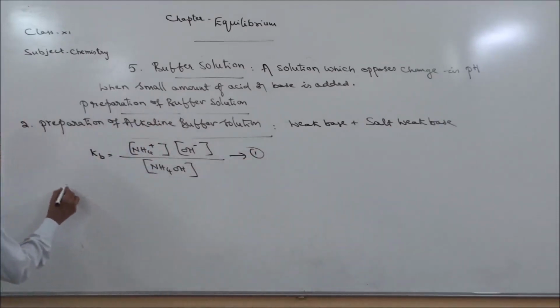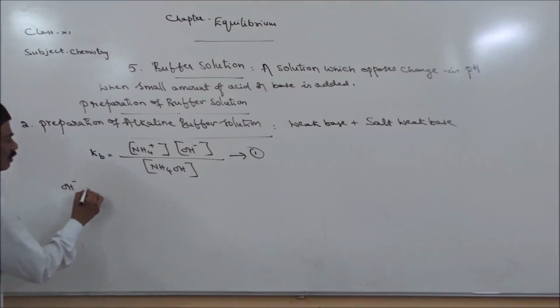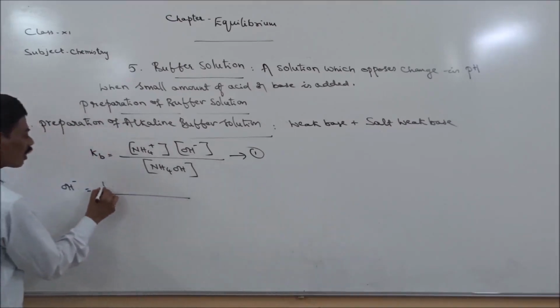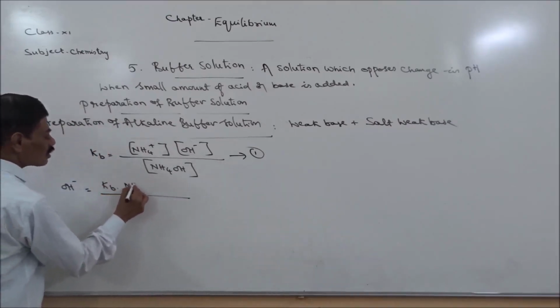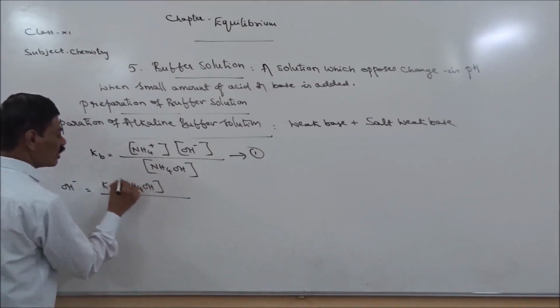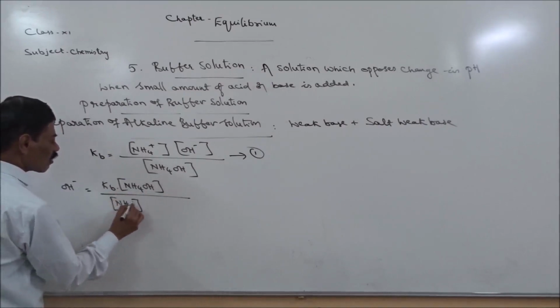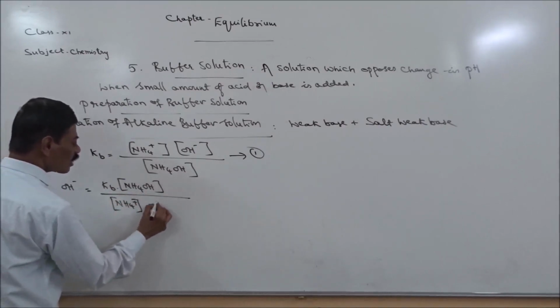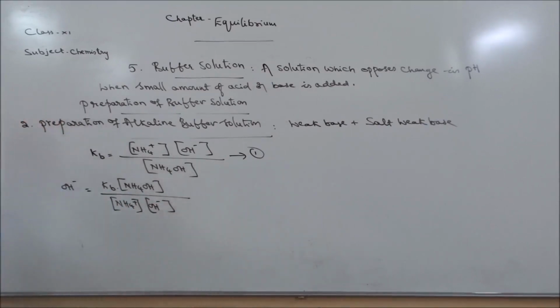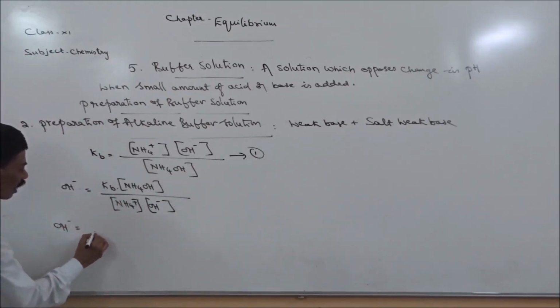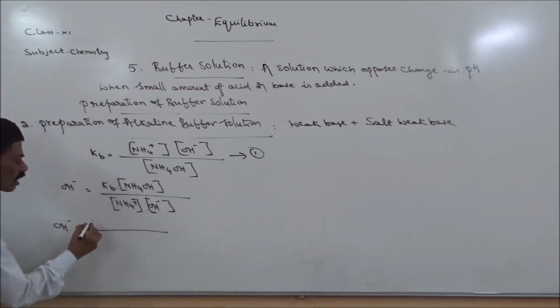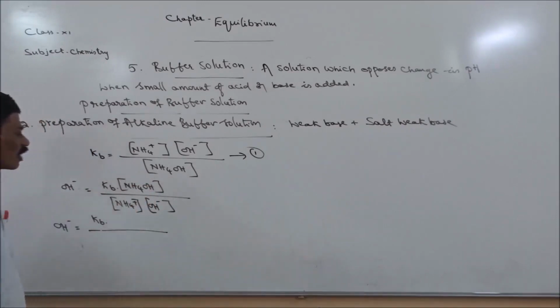And when OH minus is taken towards the left hand side, the equation will become Kb into molar concentration of ammonium hydroxide divided by molar concentration of ammonium cation. Right? Here OH minus I write as it is, and Kb, that is dissociation constant of base, I write as it is, and here NH4OH is the base.